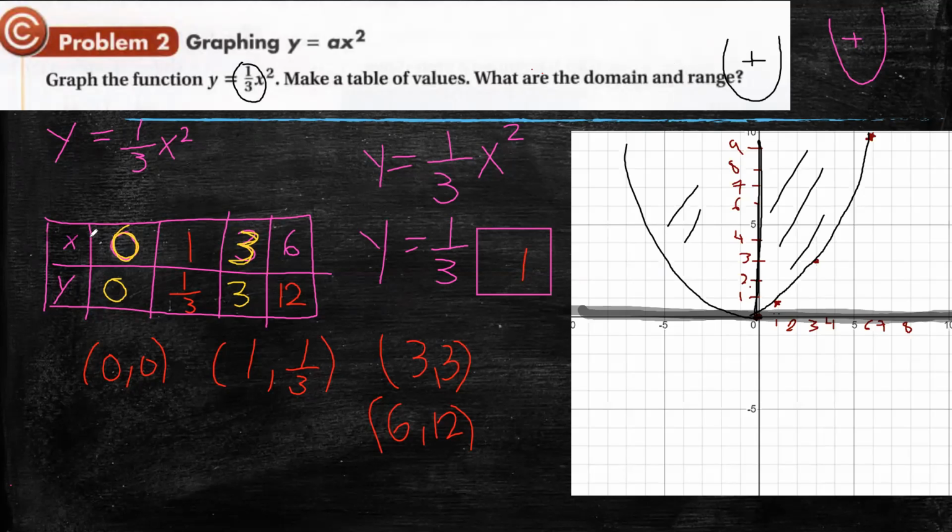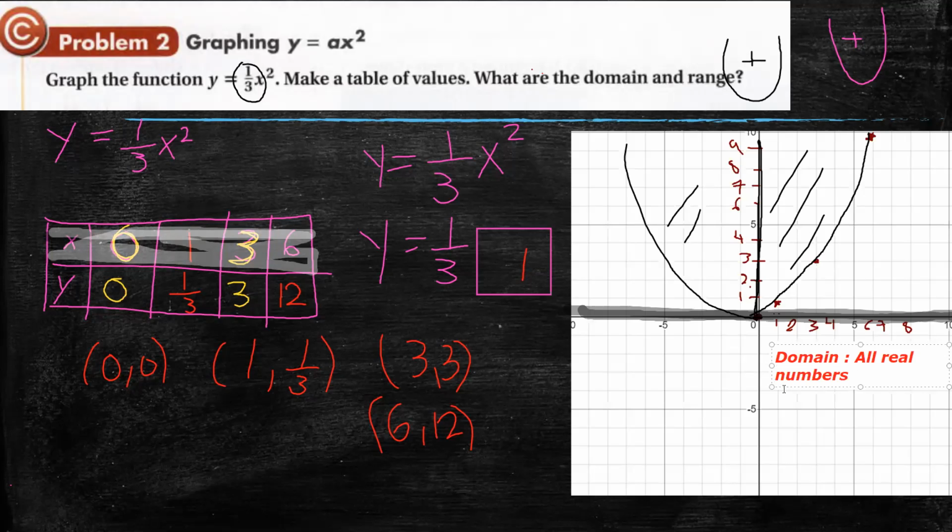So the values of this x here, if I choose any point, there's no problem. So because of that, I will say now the domain is all real numbers.